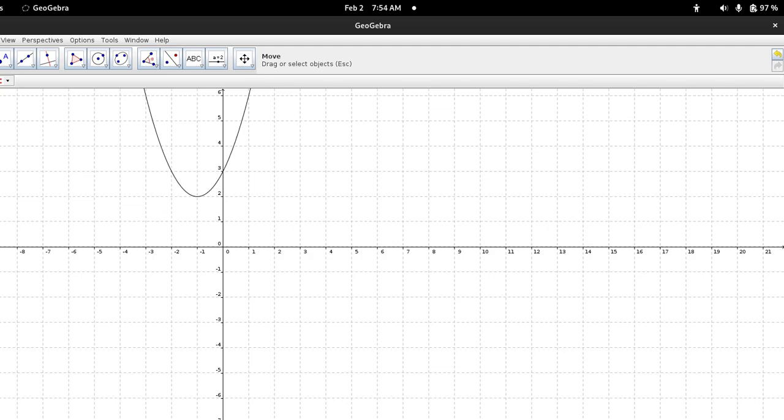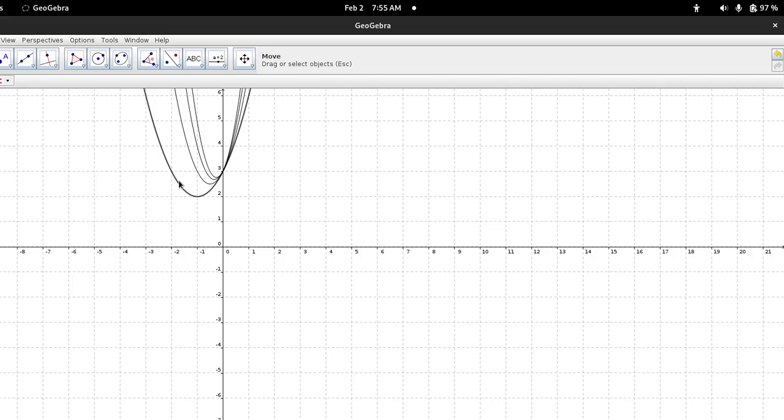So this is one graph. Let me paste, Control V, and change this to 2x squared. Then we paste again, Control V, and change this to 3x squared. Then we use 4x squared.